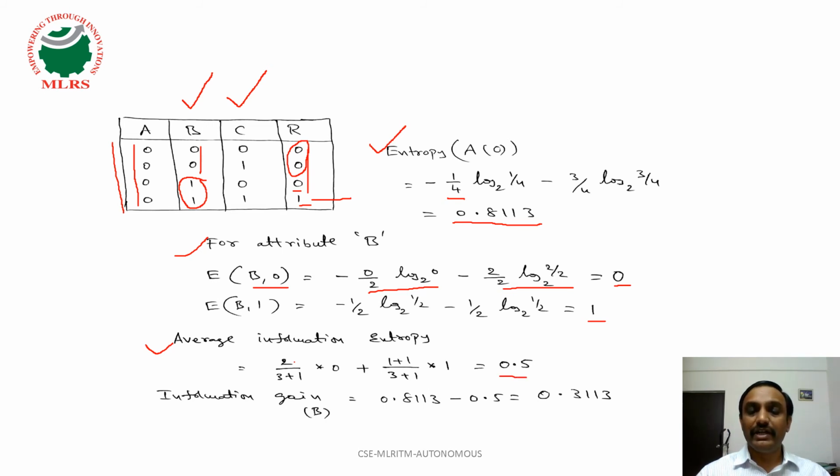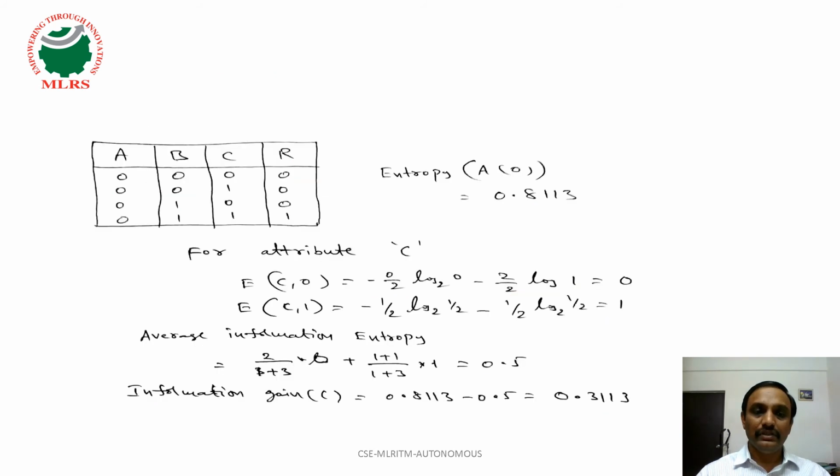Total value is 0.5. So the information gain of B is the entropy of this particular part of the table, 0.8113, minus 0.5, which is equal to 0.3113.